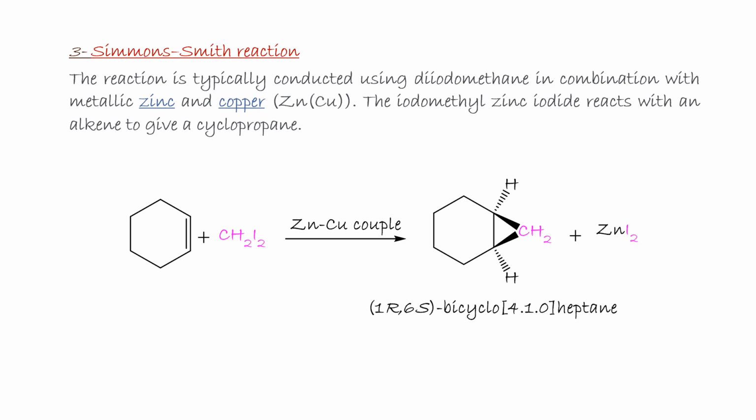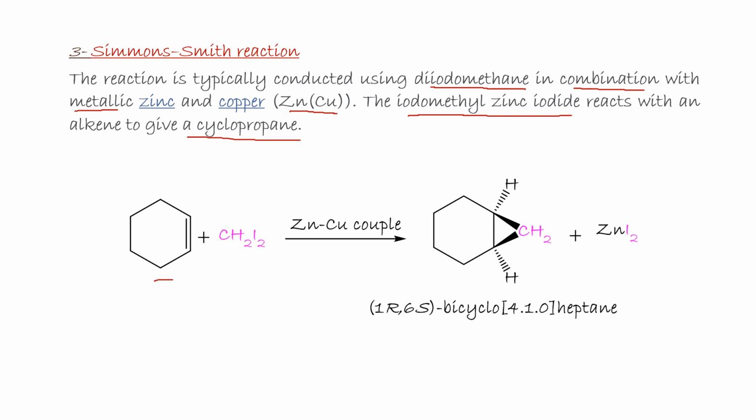Point 3, Simmons-Smith reaction. The reaction is typically conducted using diiodomethane in combination with metallic zinc and copper, a zinc-copper alloy. The iodomethyl zinc iodide reacts with an alkene to give a cyclopropane.